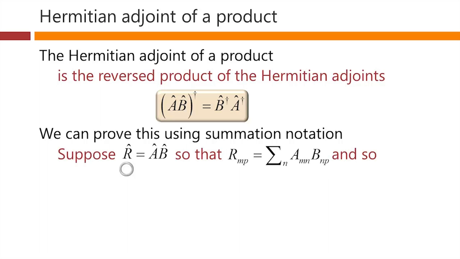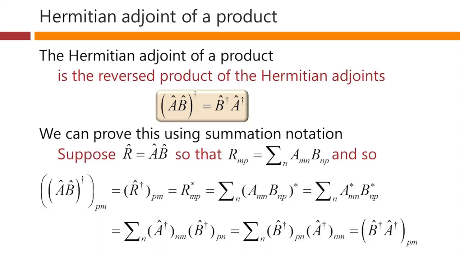Let's suppose that the matrix R is the product of the matrices A and B in this order, so that the matrix element Rmp is the sum over n of the product of the mnth element of A times the npth element of B. So, if we look at the pm element of this Hermitian adjoint of this product here, by definition here, it must be the pm element of this matrix R adjoint, R Hermitian adjoint.